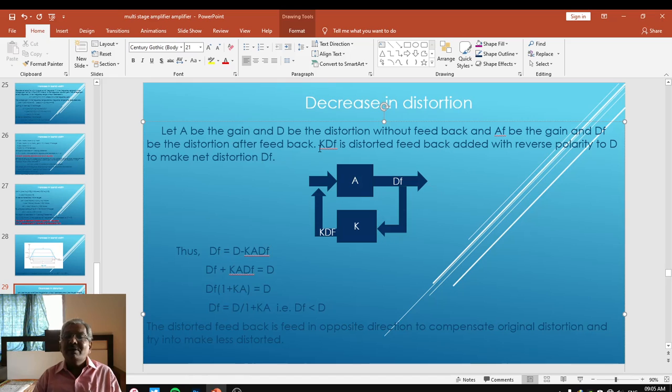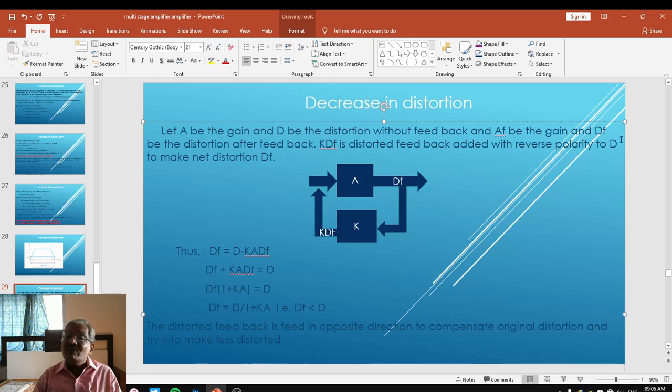After feedback, K times DF is the feedback which is provided to the input. So KDF is the distorted feedback added with reverse polarity to the original distortion D.